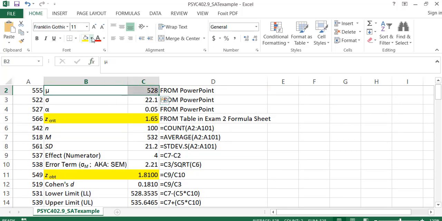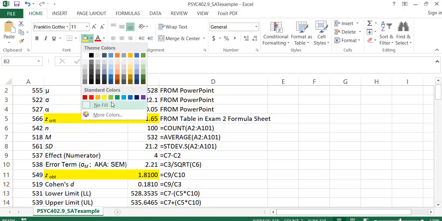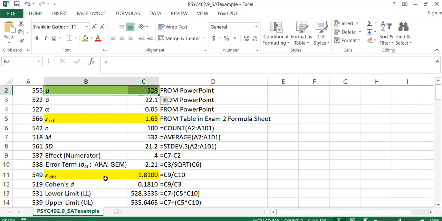Importantly, we thought that the sample was going to score better than the population. And if we look at, I'm going to change colors to note the contrast, if we look at the population and we look at this lower sample limit, we find that the lower limit is still higher than the population average.